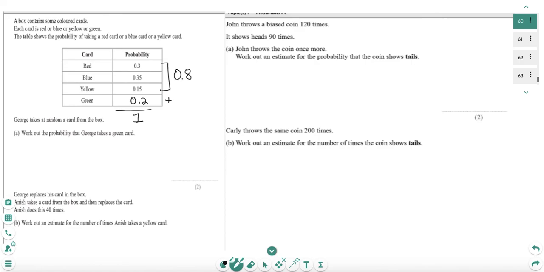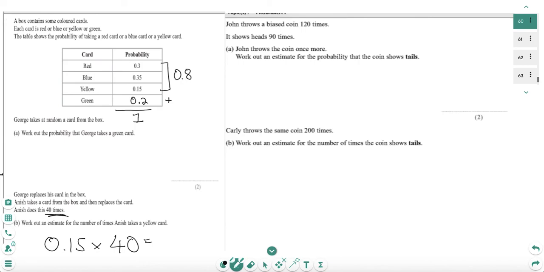George replaces his card in the box. Anish takes a card from the box and replaces the card. Anish does this 40 times. Work out an estimate for the number of times Anish takes a yellow card. Well, we know the probability that Anish takes a yellow card is 0.15. And he takes a card 40 times. So we're just going to do 0.15, the probability of getting a yellow card. We're going to do the experiment 40 times, and we're going to get our answer, okay?